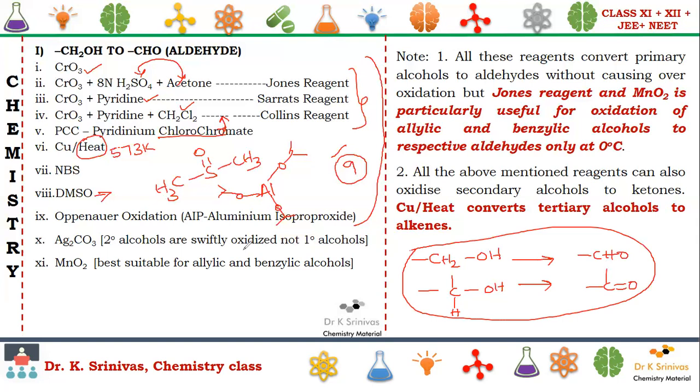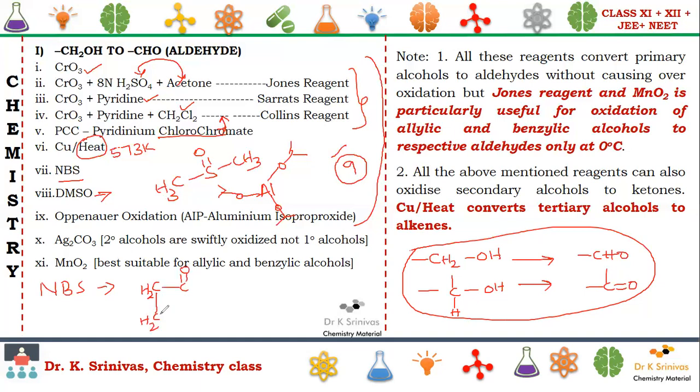Now you may have some doubt. What is this NBS? I'll write here. NBS is N-bromosuccinimide. So how to write that? I am writing the compound structure here.